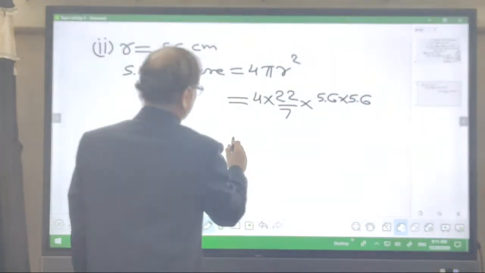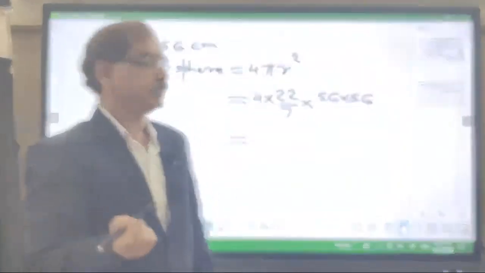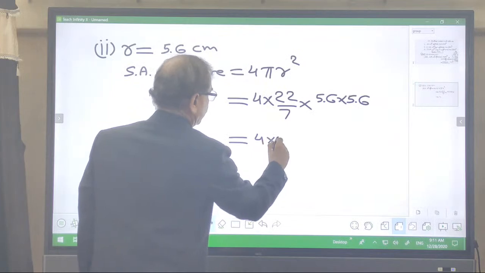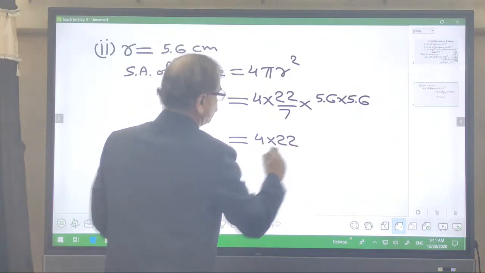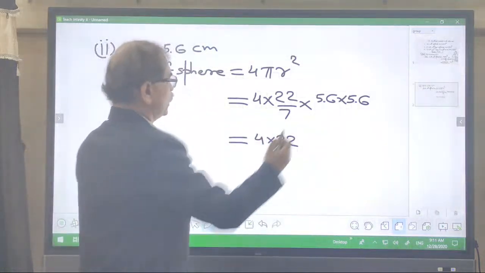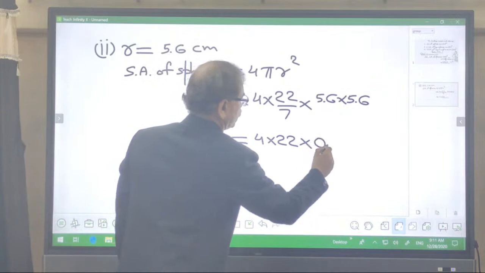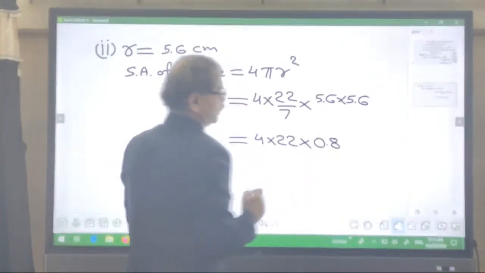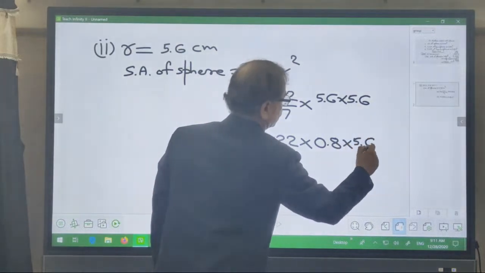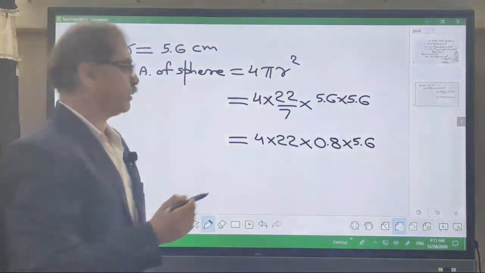So as I told you in the first part, keep the reduced numbers in your mind. So we have now 4 multiplied by 22. This 7 is already reduced. Now it is normal. And here instead of 5.6, we have 0.8 multiplied by 5.6.